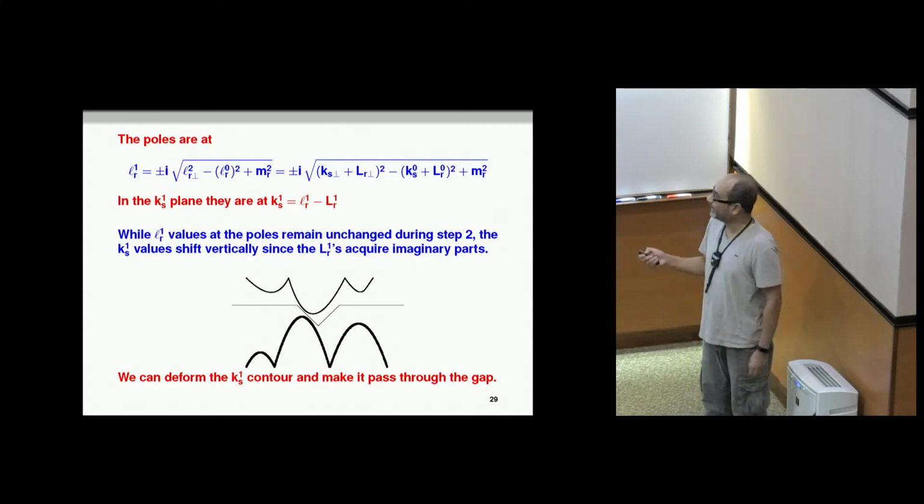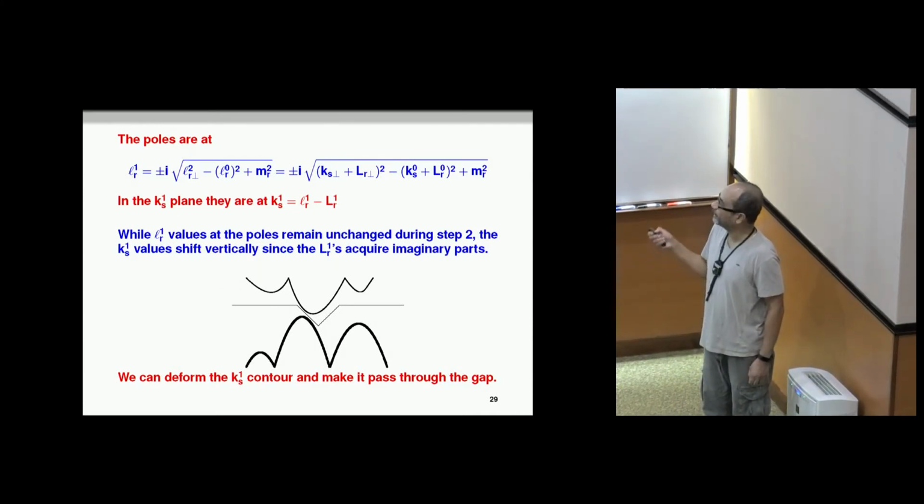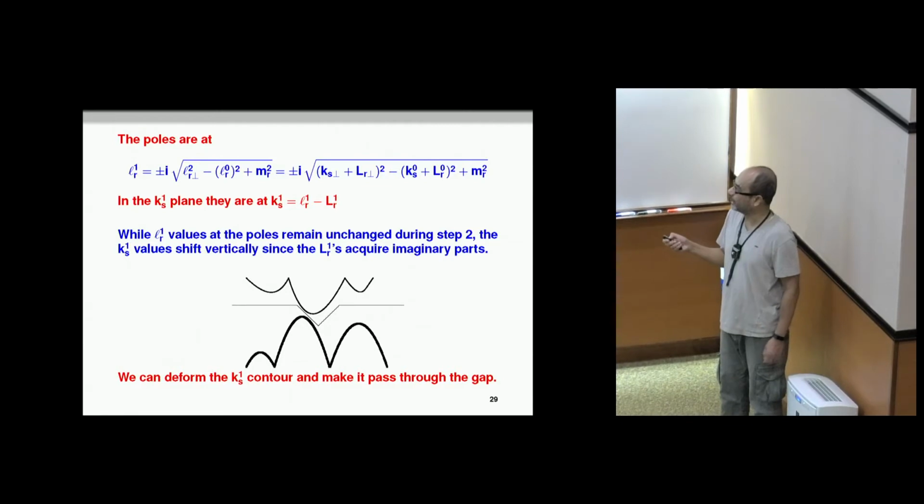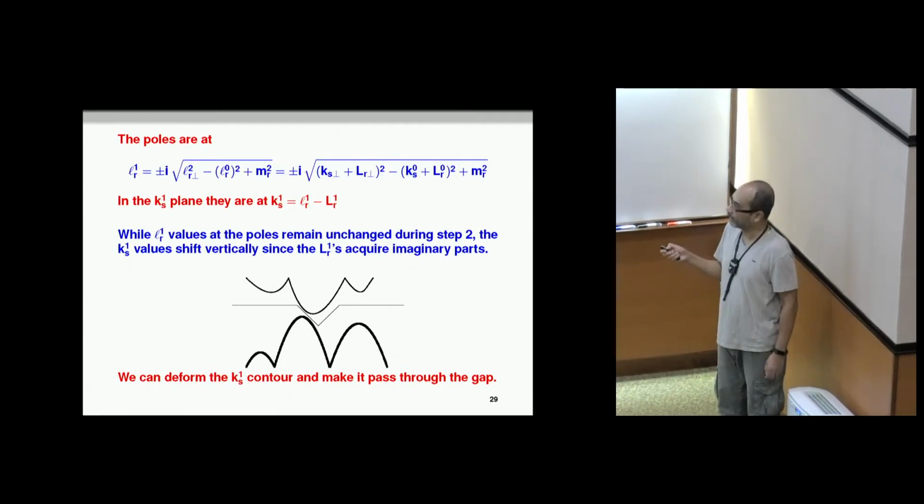Okay. So typically earlier the KS1 contour was integrated along minus infinity to plus infinity. Now what's going to happen is that some pole may come down and prevent us from integrating it all the way from minus infinity to plus infinity. Okay. But this is still okay because you can deform the contour and you can avoid the singularities.